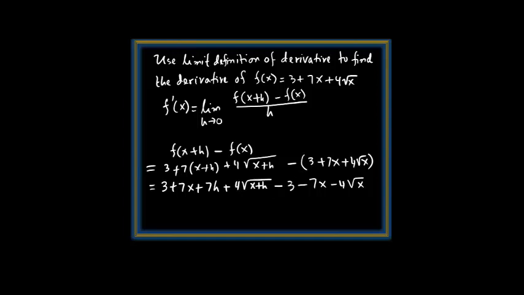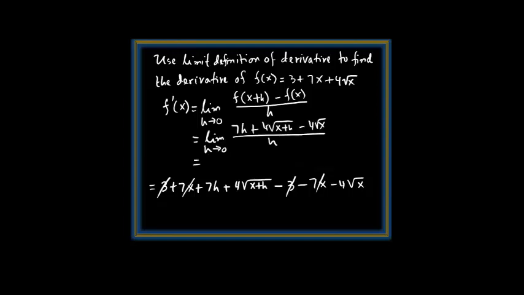Distribute the negative sign, you get negative 3, negative 7x, negative 4 square root of x. Now cancel the terms you see possible. This 3 and this negative 3 cancel out, 7x and negative 7x cancel out. So we end up with the remaining things and we plug it back into our limit definition.